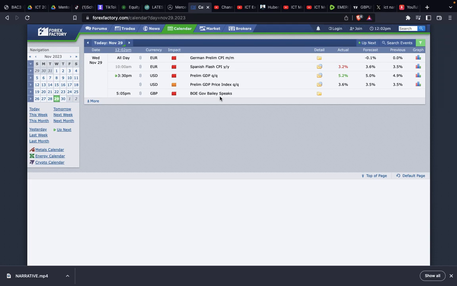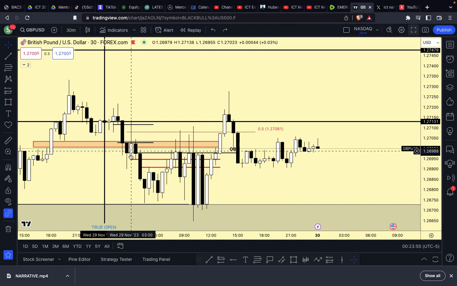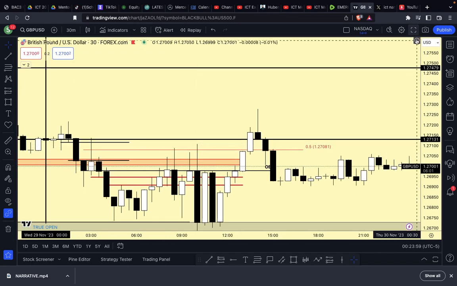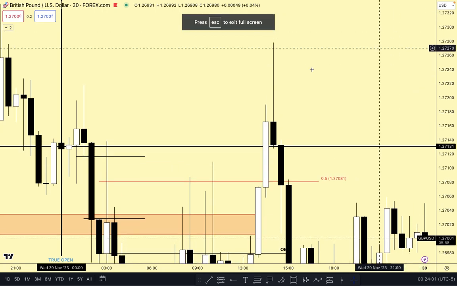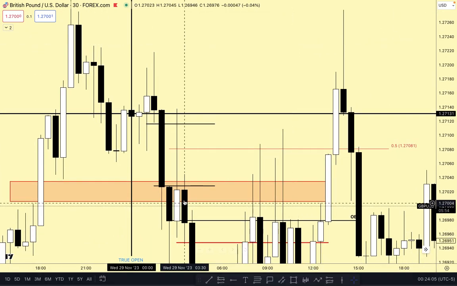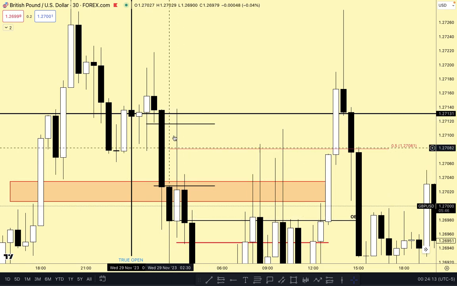What high was that? This candlestick here at 3, I wanted to see price stay below that.